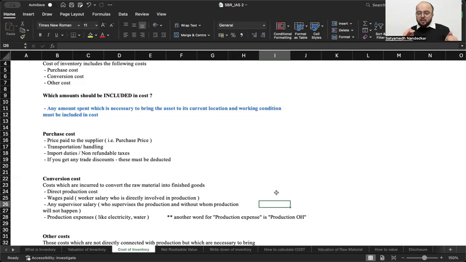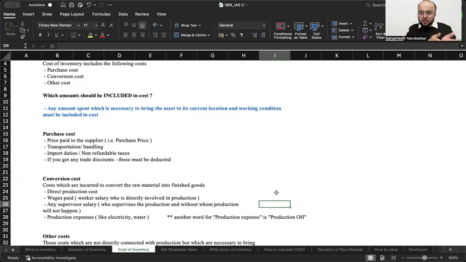Hence, these taxes are known as refundable taxes. I will be giving you a separate video for understanding the concept of refundable and non-refundable taxes. So refundable taxes like sales tax and VAT and GST are not added, but non-refundable taxes like customs duty are included in the inventory valuation.